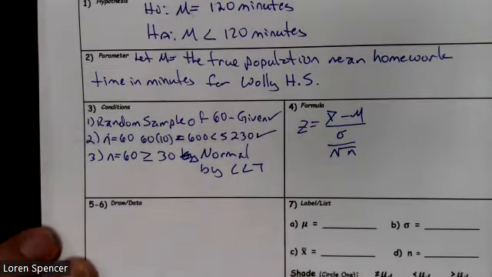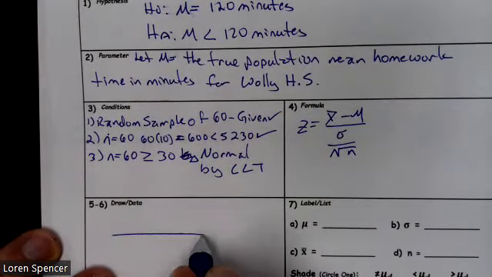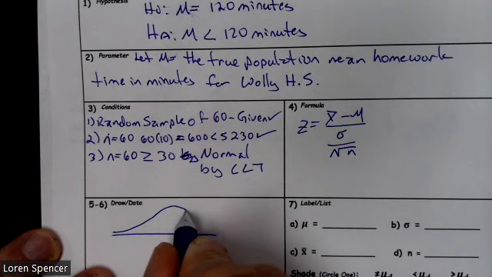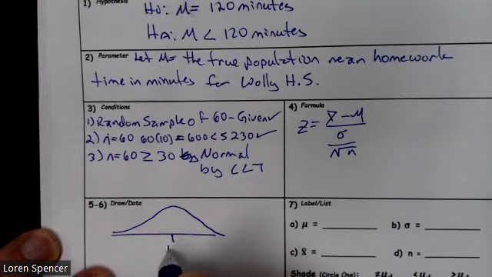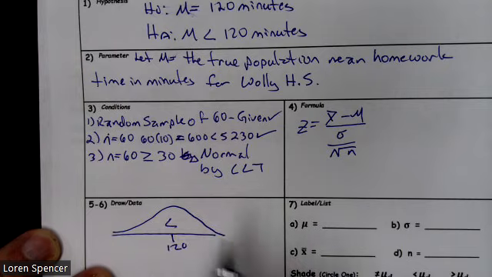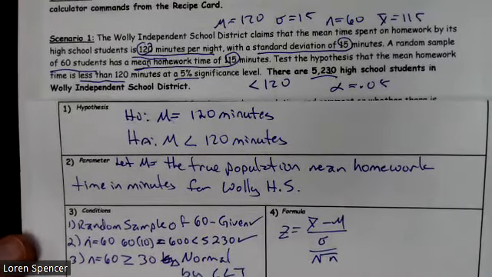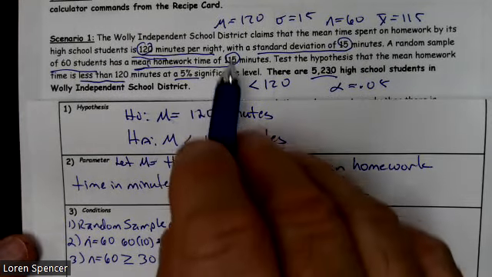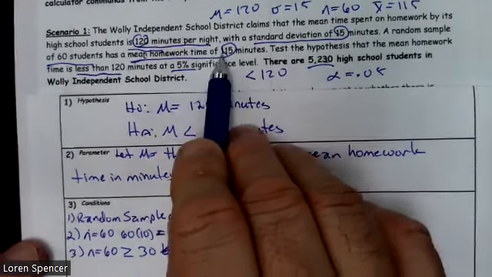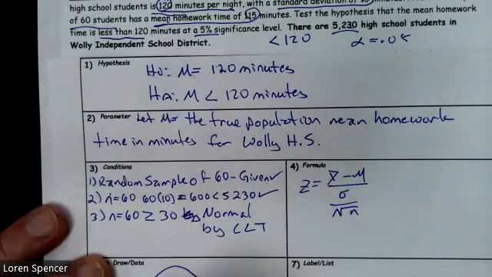Drawing our picture. Well, the population mean is what we're centered on. We know it's less than. And how much did they spend per night? So they had 115 minutes. So this is 115.